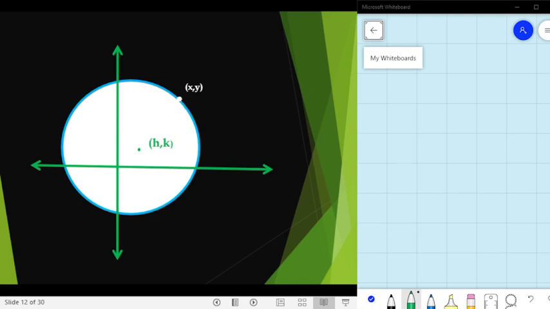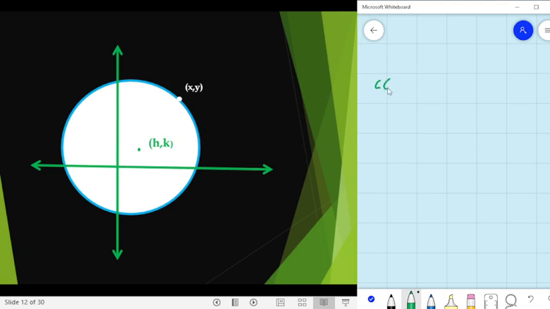So it's given there that the center is at (h, k) and the point is at (x, y). So to find the length of the radius, r, since the radius is the distance from the center to any point on the circle, in order to do that, we are going to use the distance formula.